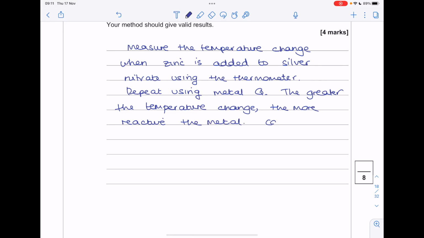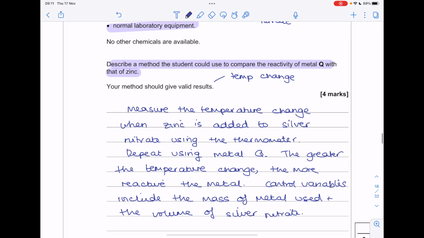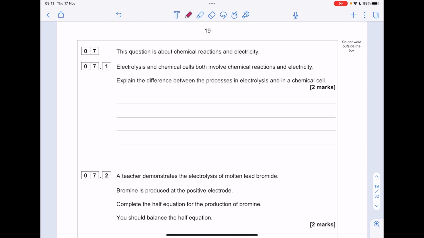And then in terms of control variables, we mentioned we want to keep the mass of metal the same each time, and the volume of silver nitrate. In that way, I've answered this point about how we're comparing the reactivity, and I've described how we're going to get valid results.